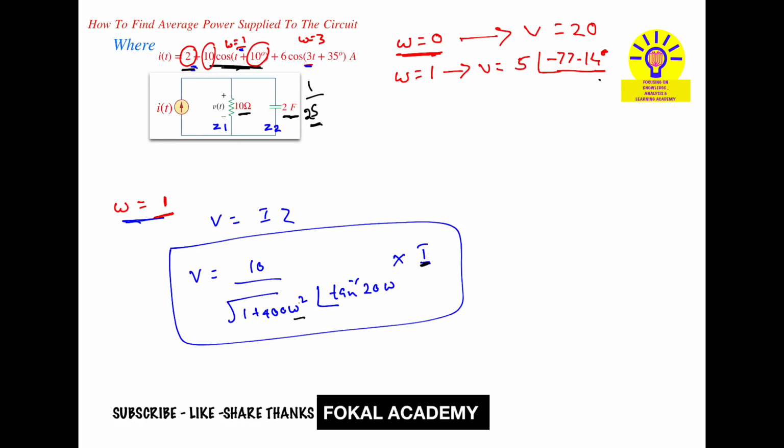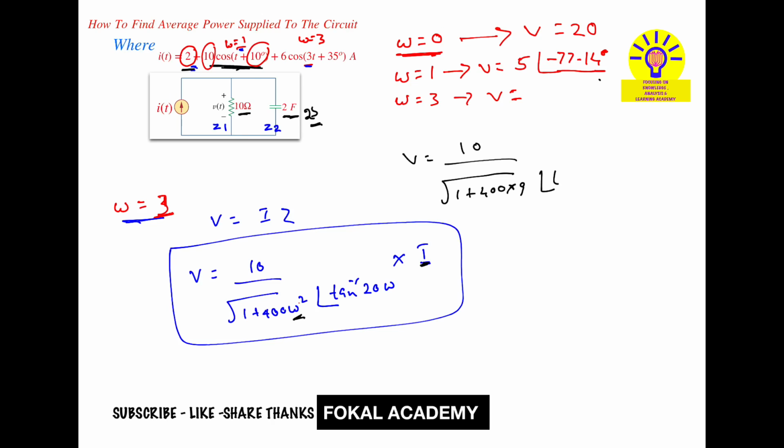Now the third current signal is there here, so omega equal to 3. For this omega equal to 3, substitute omega value 3 here. So V equal to how much? V equal to 10 by root of 1 plus 400 into omega square, that is 3 square, 9.